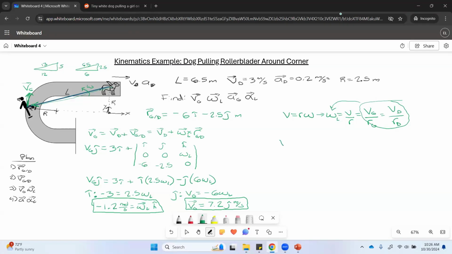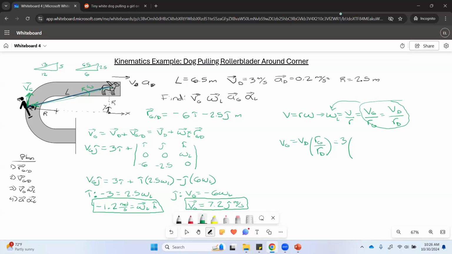Okay, so we know velocity of the girl equals velocity of the dog times position of girl over position of dog. So that is going to be velocity of dog is 3, and then times position of girl, which is that 6 meters in the x direction. And notice that this does not take signs into account, so you do have to know which direction things are moving.